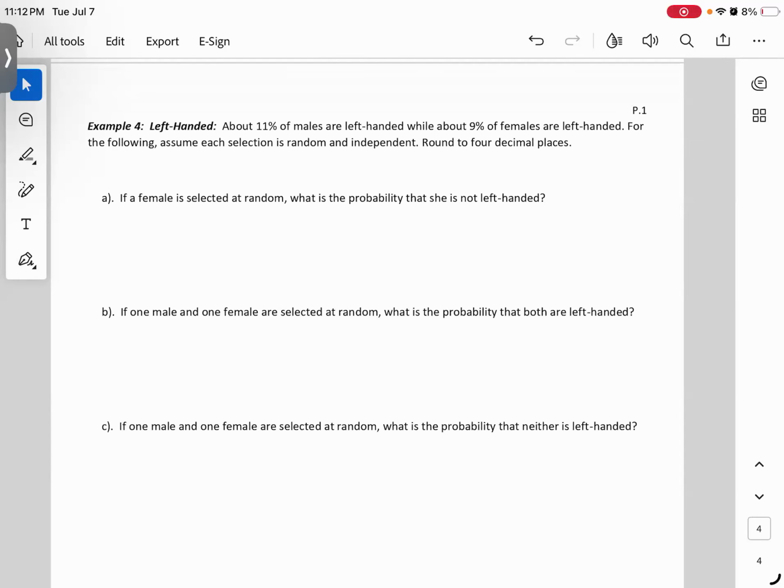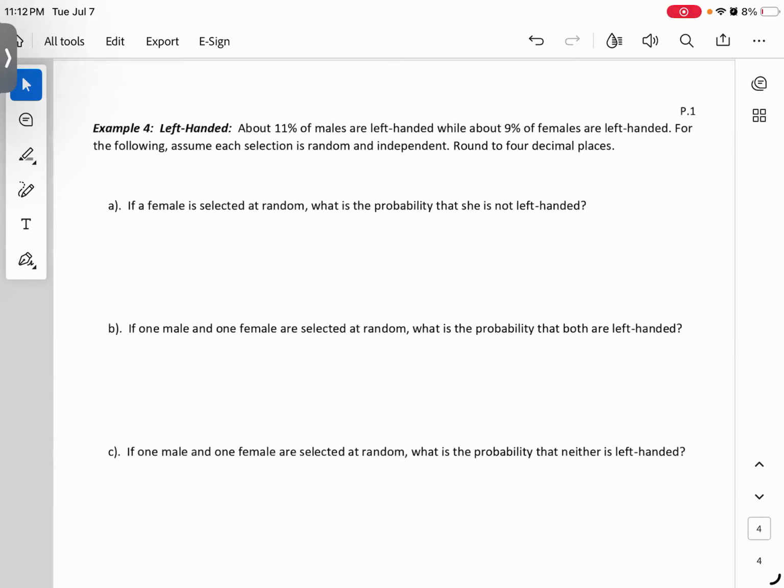On this one, they're doing left-handed. So again, they're assuming that if someone's left-handed, then the only other option is someone being right-handed. They've got it broken down by gender.